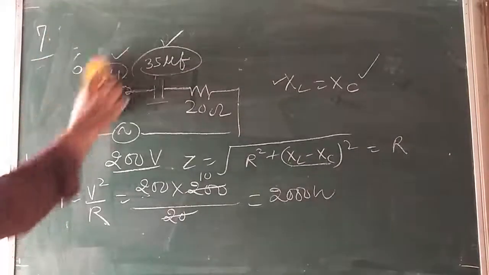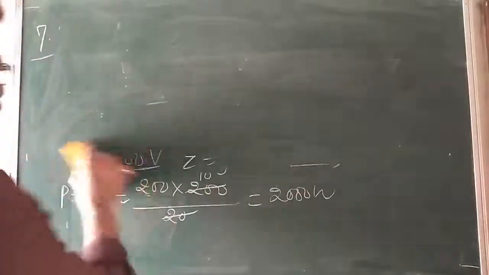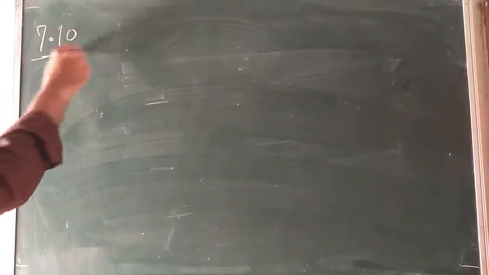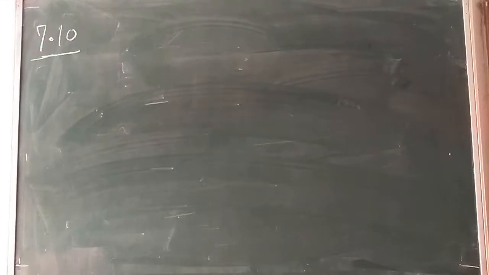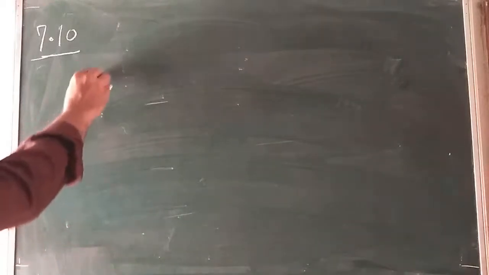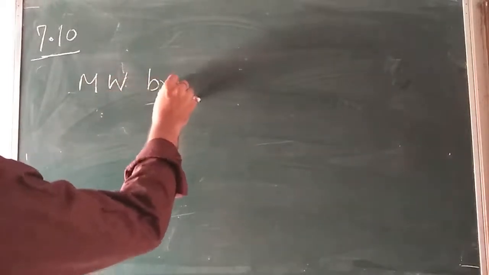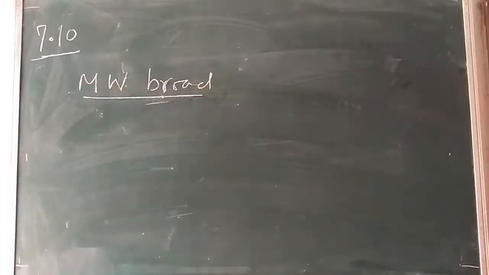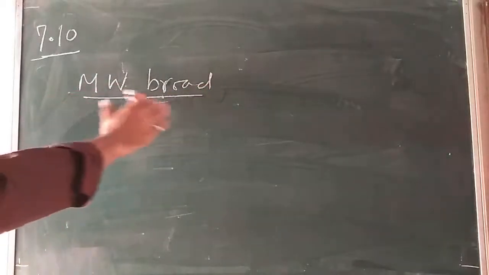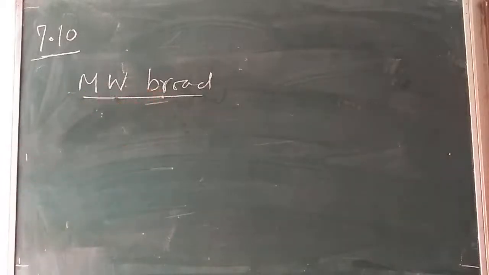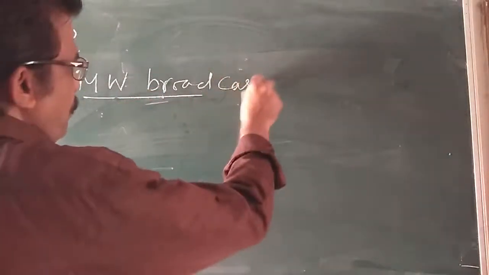Now see the next question. It's a very important question asked in the CBSE examination. So here we are going to see question number 7.10. A radio can tune over the frequency range of a portion of MW broadcast band, that is medium wave broadcast band.